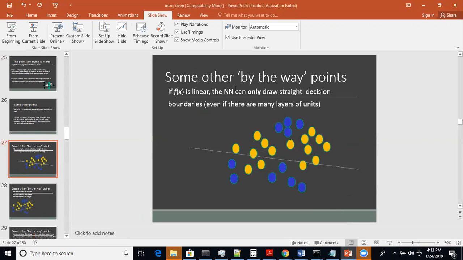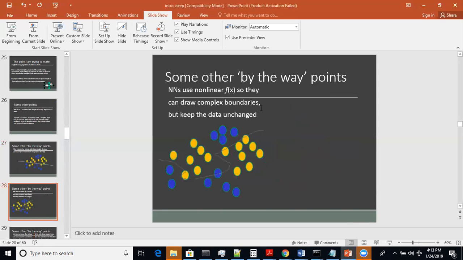If f(x) is linear, then a neural network can draw only straight-line decision boundaries, even if there are many layers of units. But neural networks mostly solve non-linear problems, so they can draw complex boundaries while keeping the data unchanged.